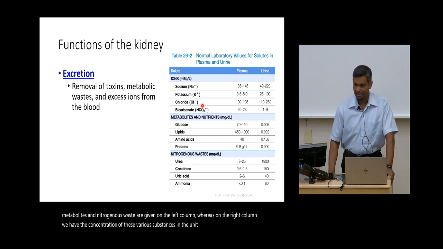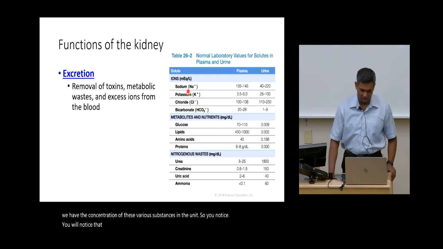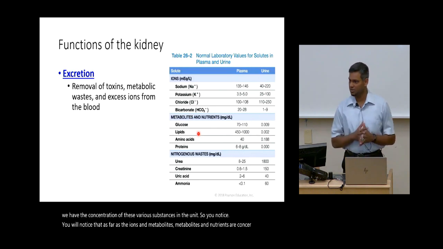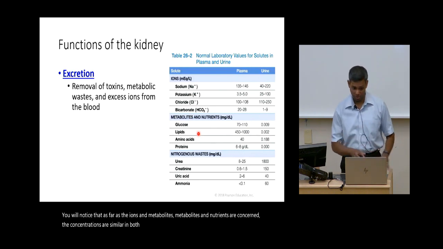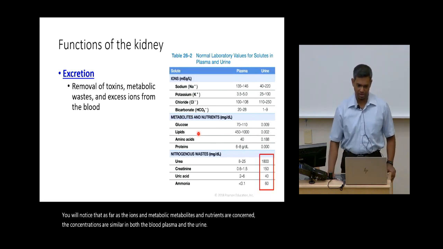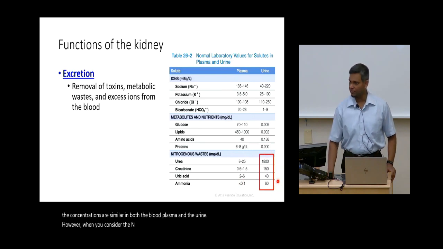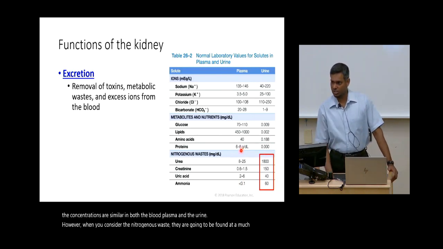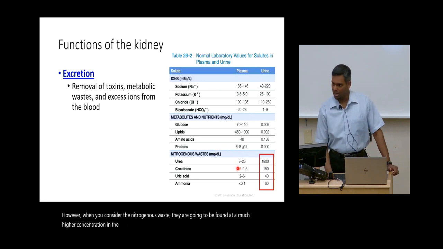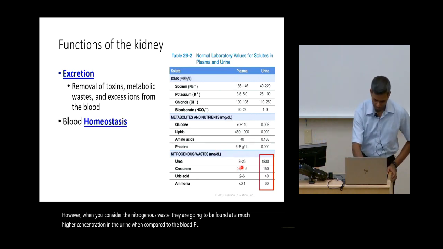You will notice that as far as the ions, metabolites and nutrients are concerned, the concentrations are similar in both the blood plasma and the urine. However, the nitrogenous wastes are found at a much higher concentration in the urine when compared to the blood plasma.